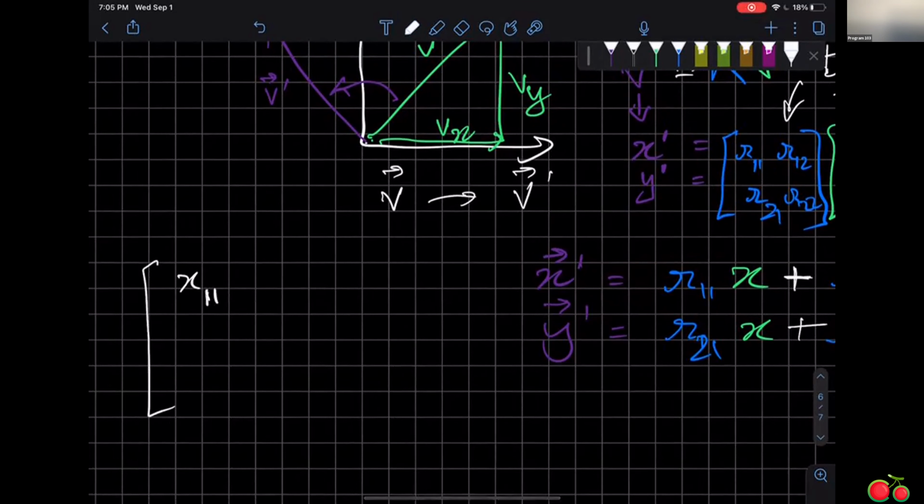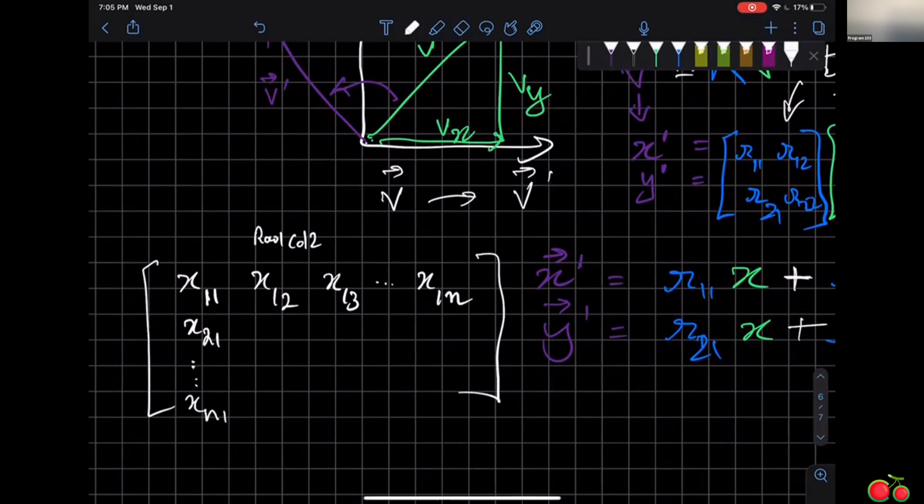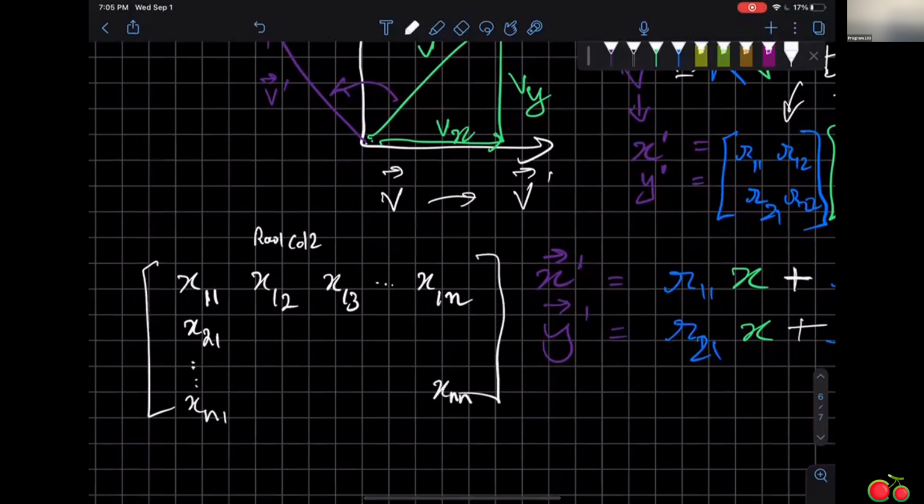So x11 means this is row 1, column 1, right? x12 means row 1, column 2. x13 means row 1, column 3. x1n means row 1, column n, right? And then you will have x21, and then xn1, and then xnn here in the corner, and then whatever those points are in between.